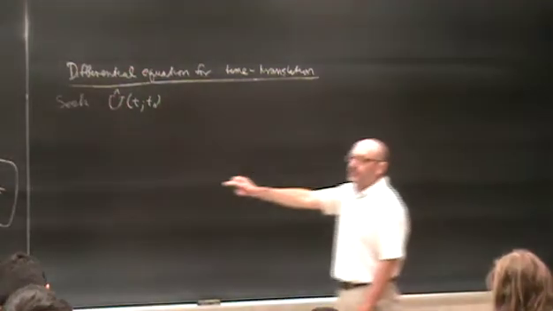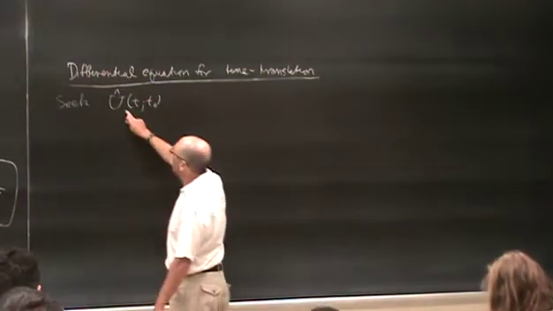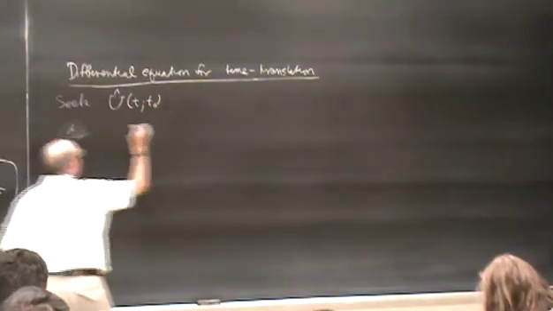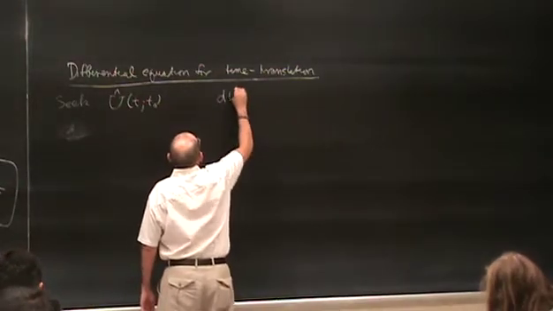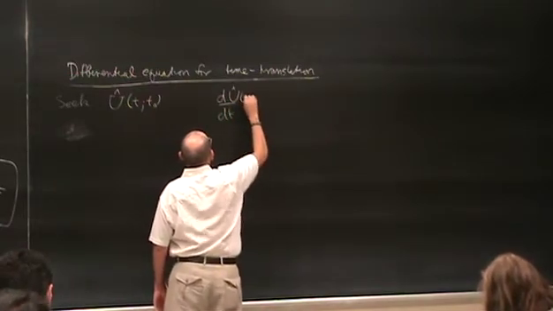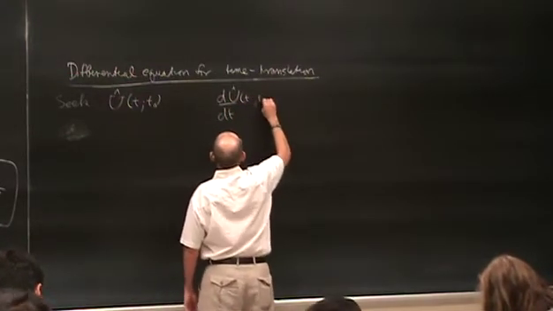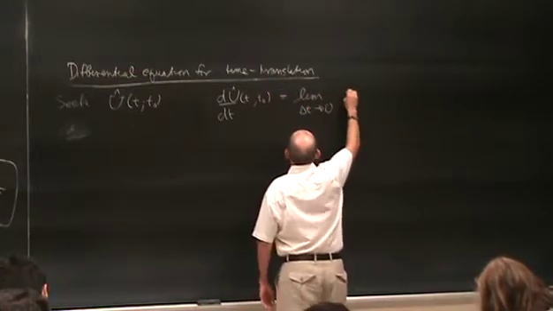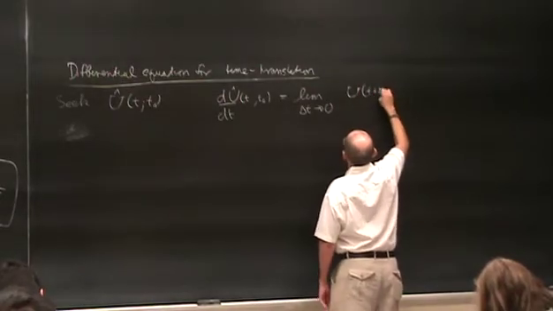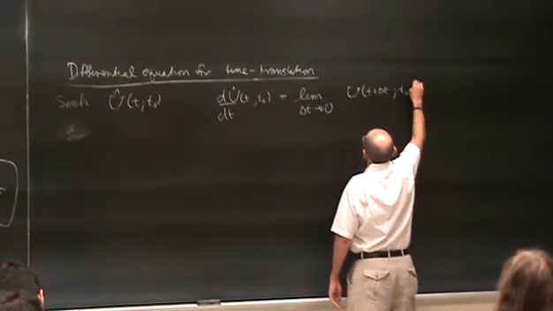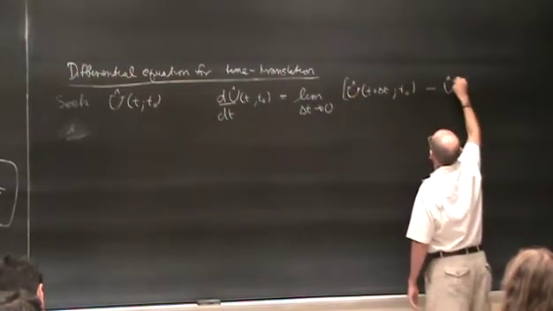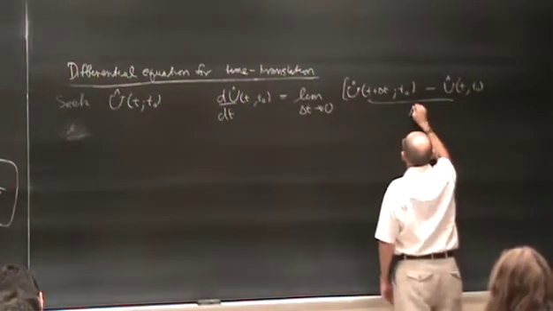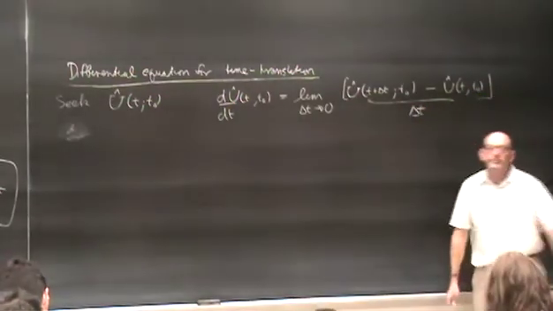The way I can now get a differential equation for that, which says how this changes in time, just from calculus, is I take a small delta t, translate it by a small amount, subtract what it was before I did that, and divide by delta t. That's the definition of the derivative.